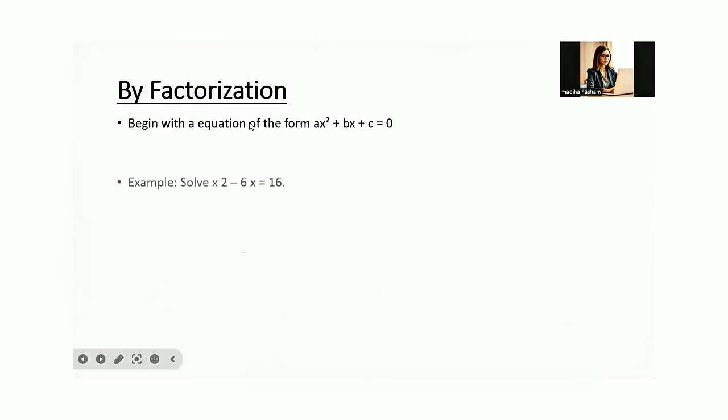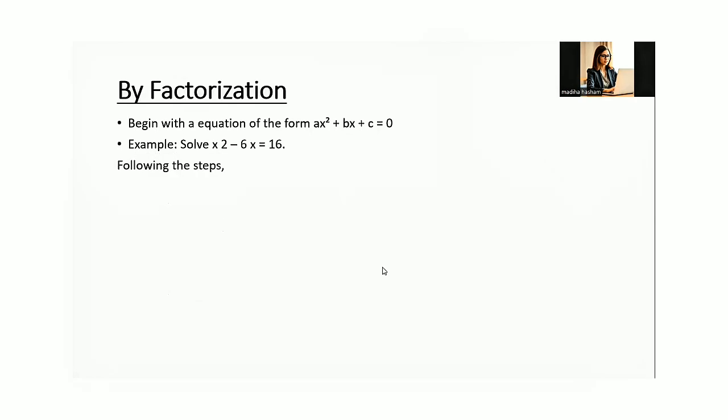Okay, now begin with the equation of the form ax square plus bx plus c is equal to 0. First of all, we make any question in the general form. So solve x square, sorry, I wrote it x2, but it is x square minus 6x is equal to 16. We have to follow some steps to start this procedure.